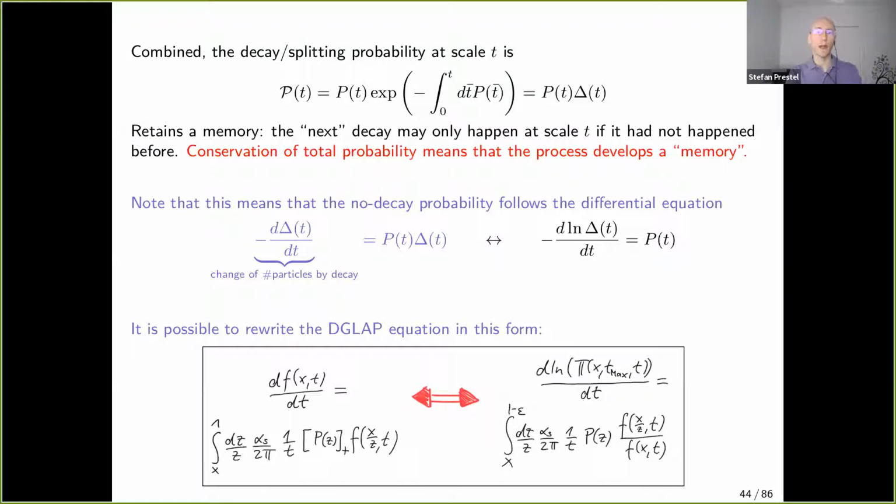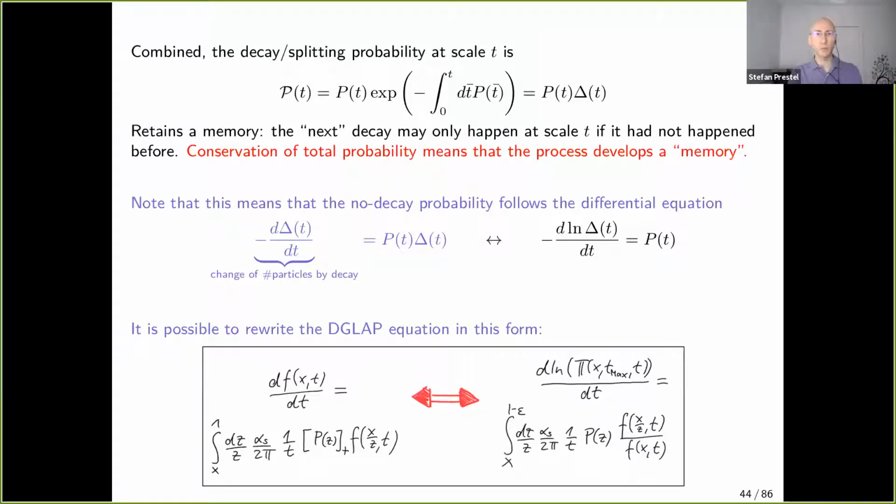So the way we derive this exponential factor also means that the conservation of total probability, meaning that overall the rate for not emitting is 1 minus the rate of emitting once plus half the rate of emitting twice, so the integral squared and so on, actually develops a memory.